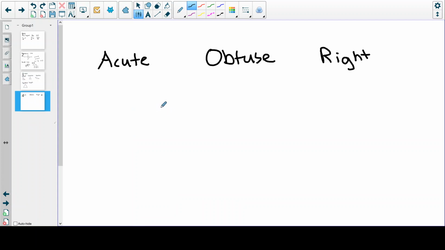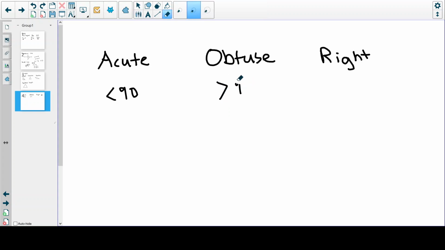Along with the three main categories of a triangle, there's three main types of angles. Acute is an angle that is less than 90 degrees. So it's sort of acute, meaning small. And obtuse, which means big, which you can guess is going to be greater than 90 degrees.